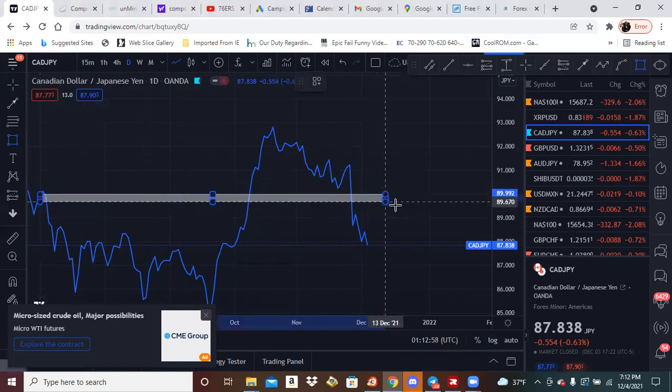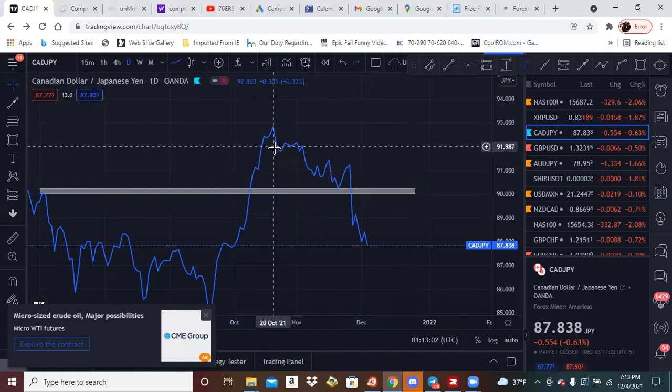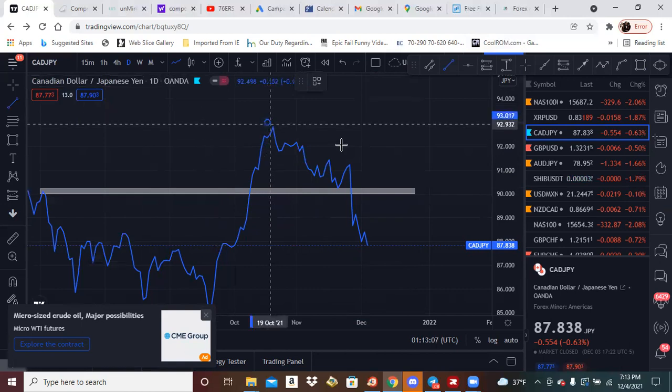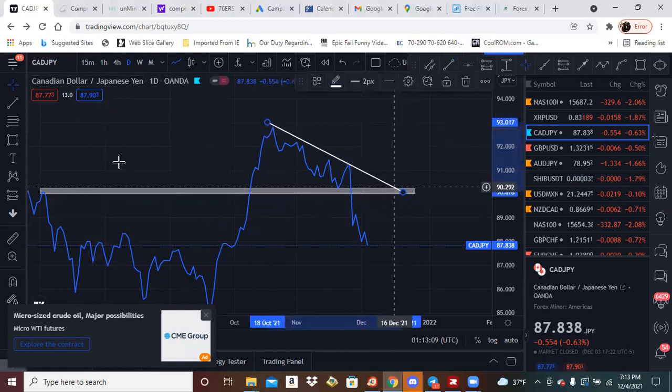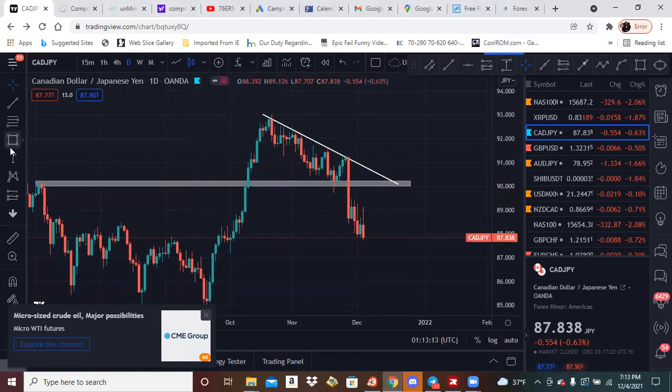The support was in this area, right? So price had a lot of selling pressure that was pressuring it to go down, right? And it broke. Bearish engulfing, broke, right?